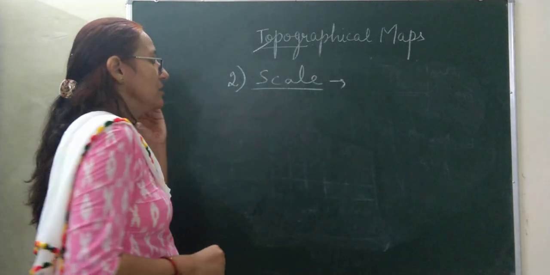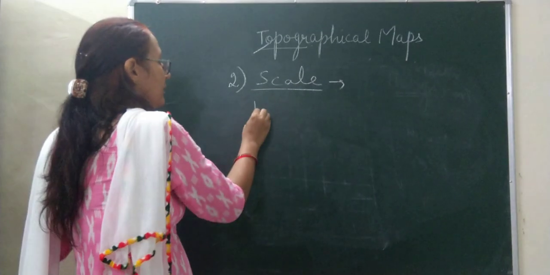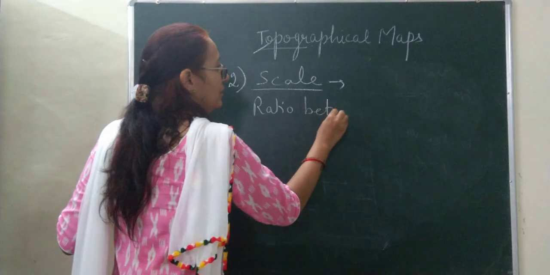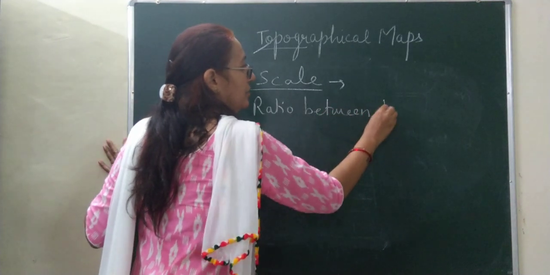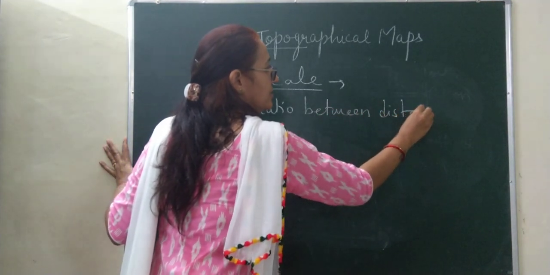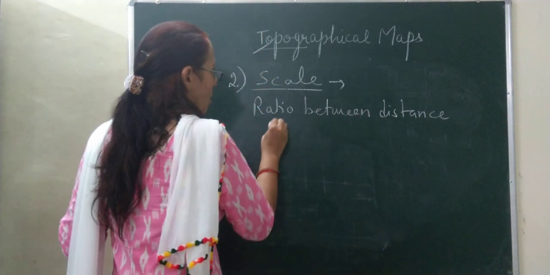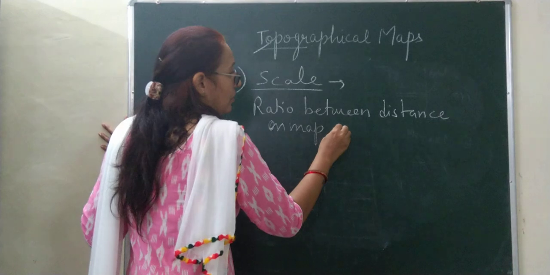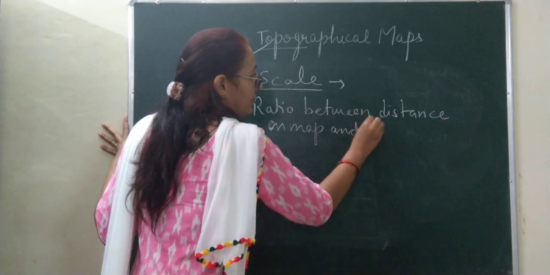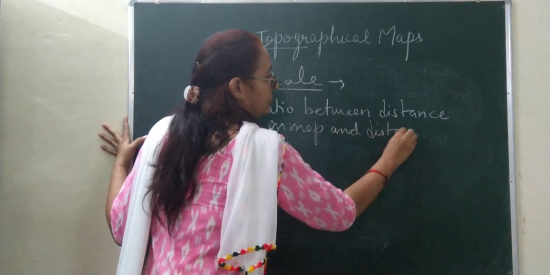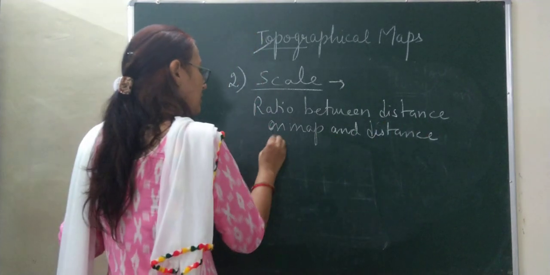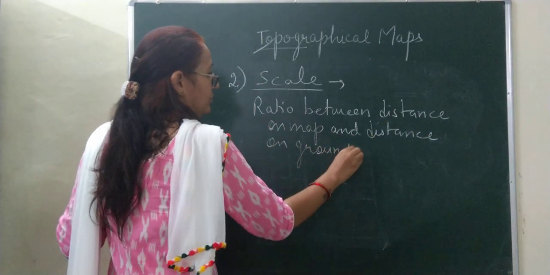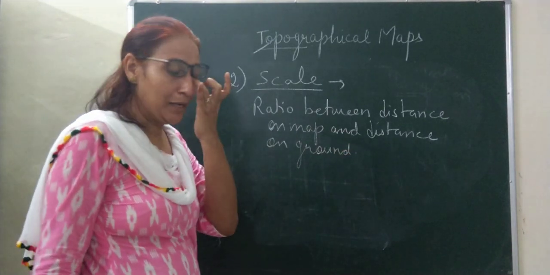As we have discussed, scale means the ratio between distance on map and distance on ground. So this is the definition of scale.